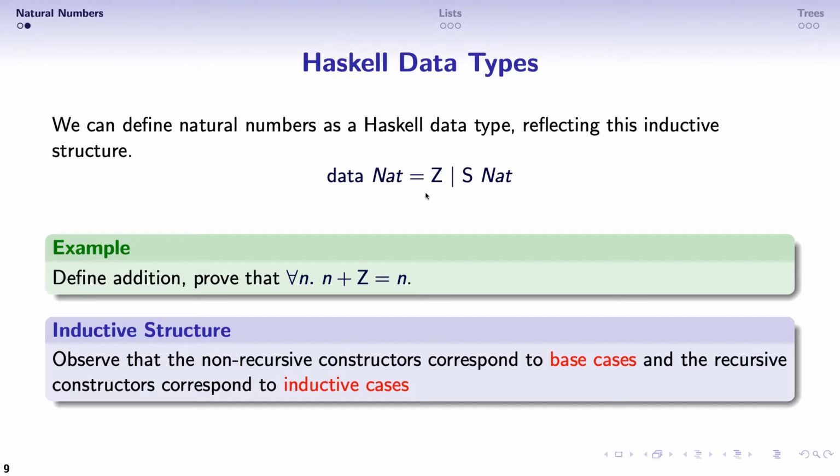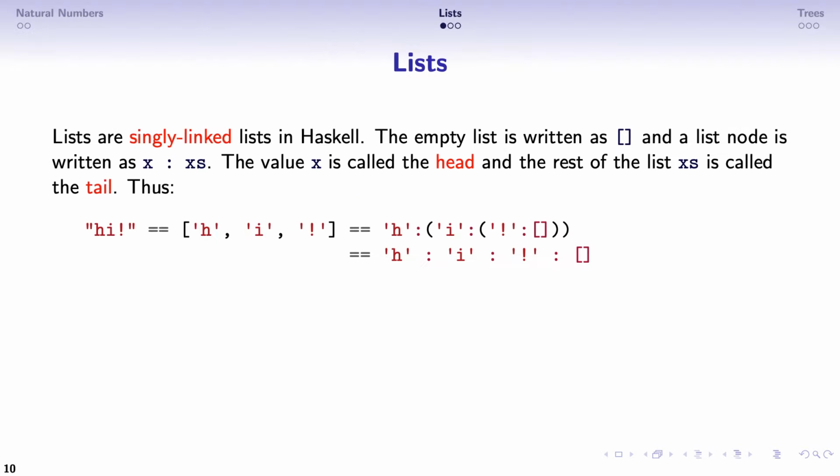So the next data type I want to look at is a list. As I mentioned briefly in the last video, the lists in Haskell are basically singly linked lists. So if we have the string hi here, as I said before, strings are just lists of characters. So we have a character h in a list, followed by i, followed by exclamation mark.